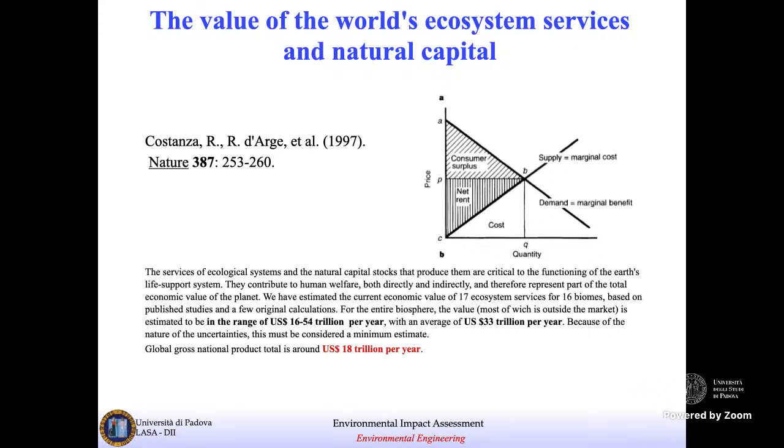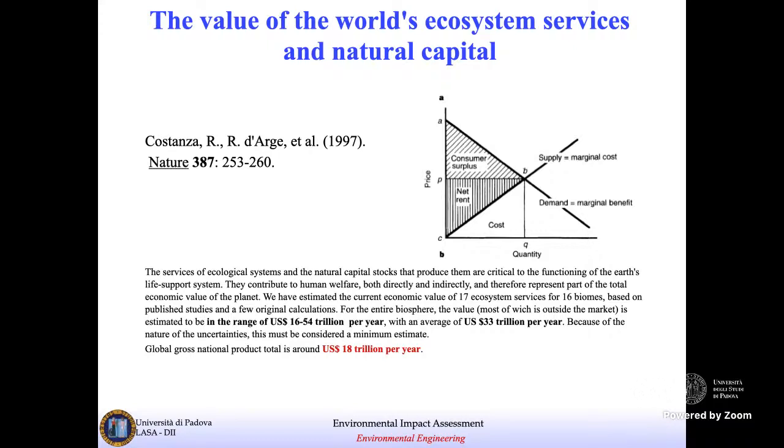So we had to wait until 1997 for a very famous paper by Bob Costanza and others, maybe 50 authors of this paper, that was published in Nature, in which the title of the paper was The Value of the World's Ecosystem Services and Natural Capital.